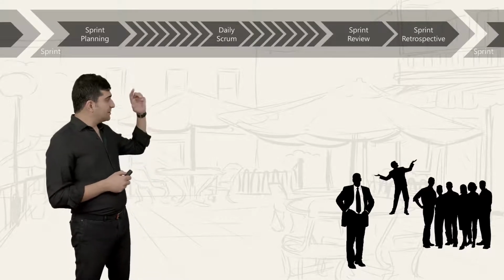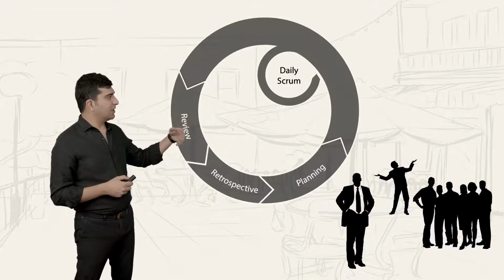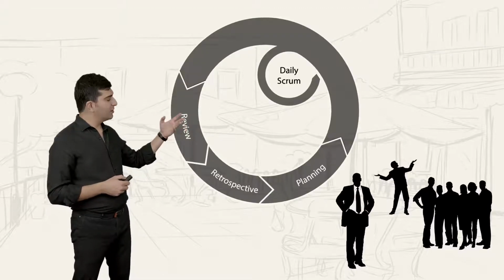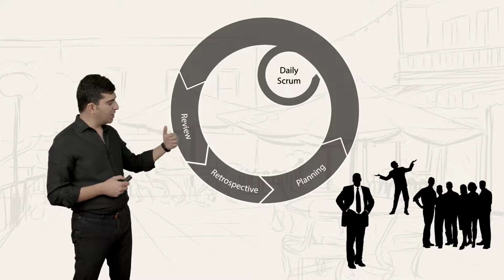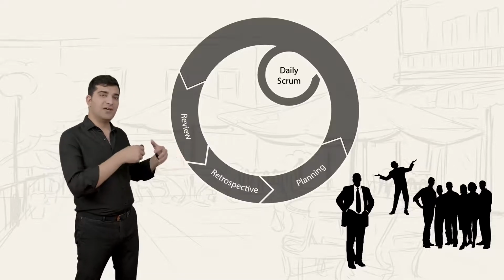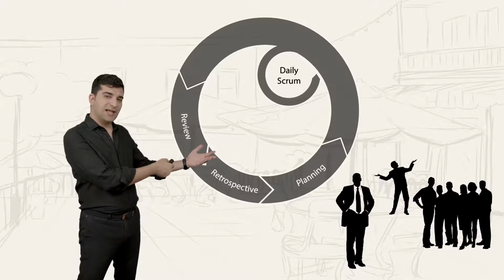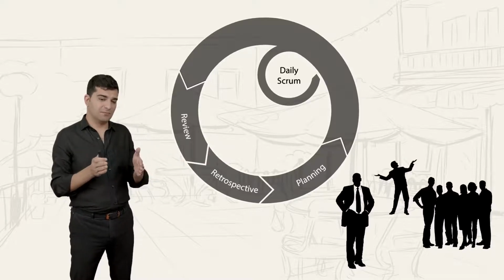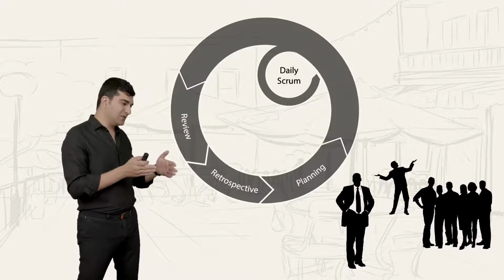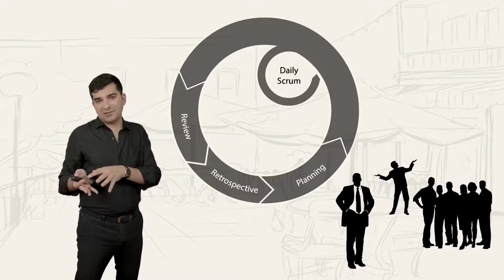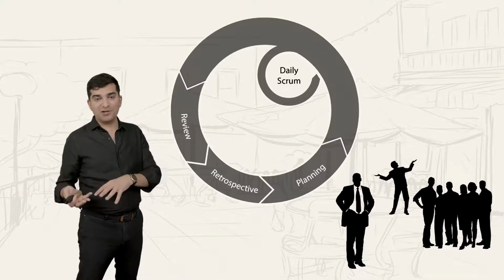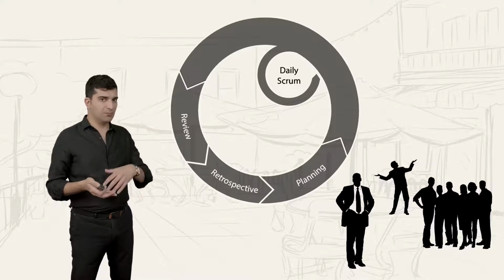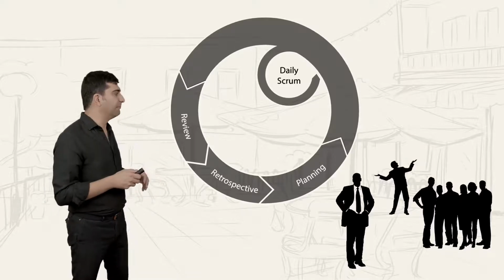The fact is that our sprints actually work like this. So when we are done with the sprint retrospective, the next thing is the sprint planning. We don't have anything else between the two of them. The next sprint planning comes immediately after the sprint retrospective of the previous sprint. Well, maybe the next day, but you know what I mean.